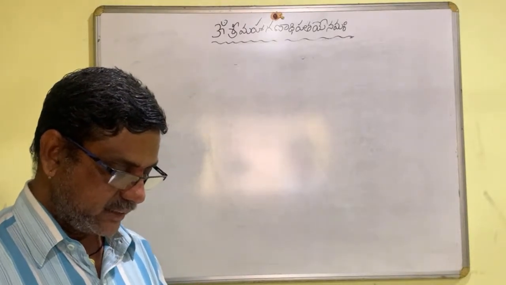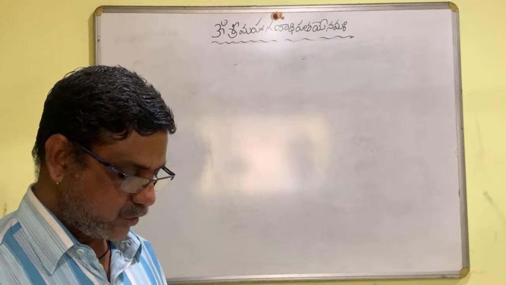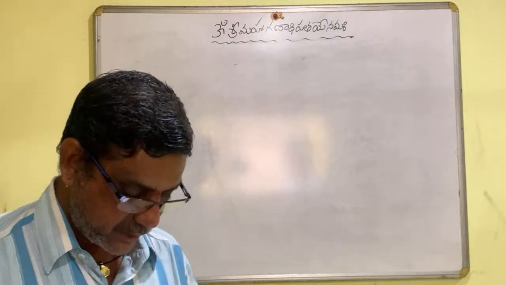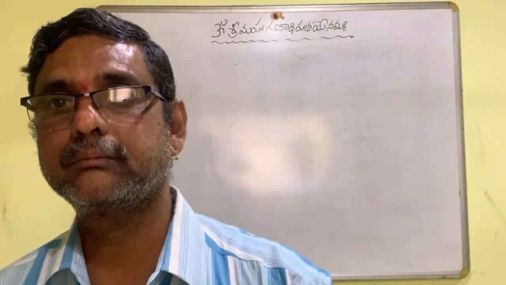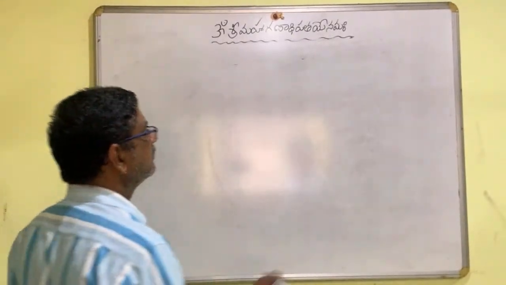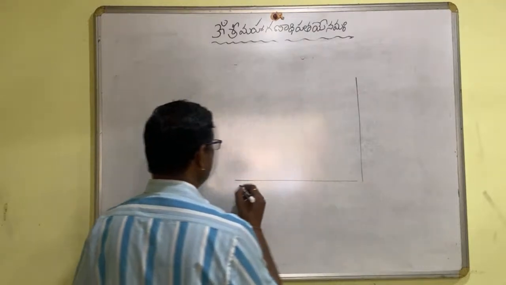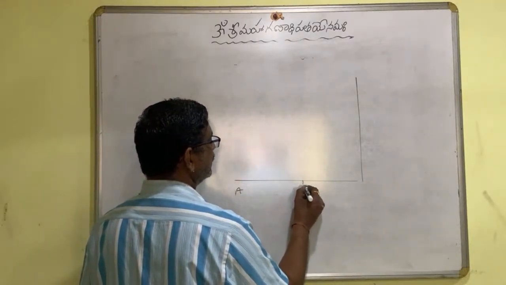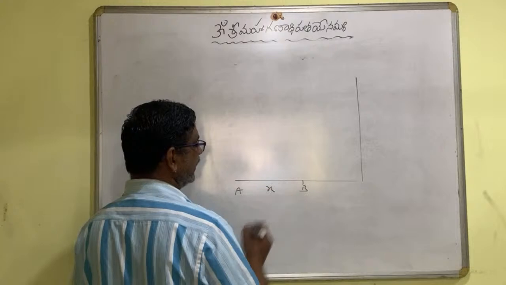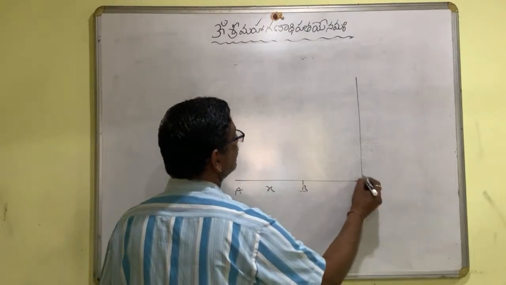If the line joining the ships passes through the foot of the lighthouse, find the distance between the ships. Okay. This is the lighthouse. Ship A, ship B. He is asking to find this one.